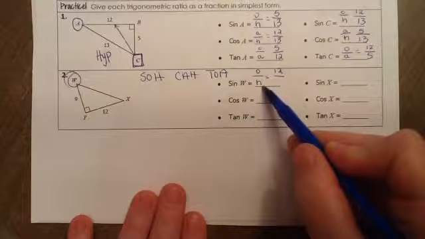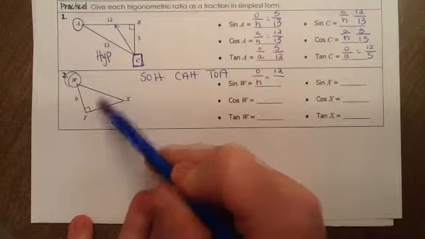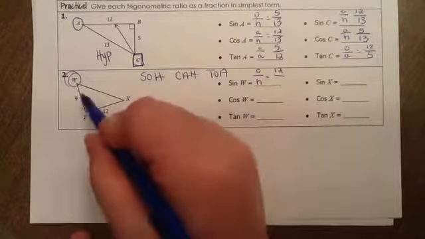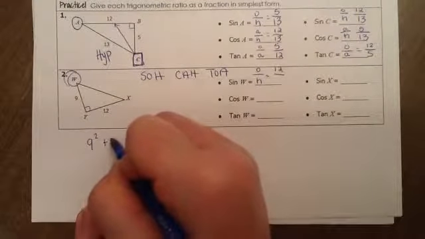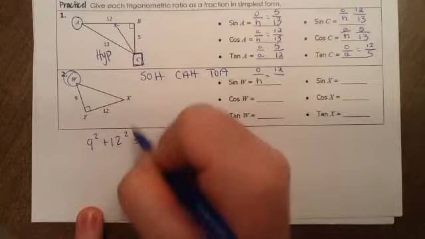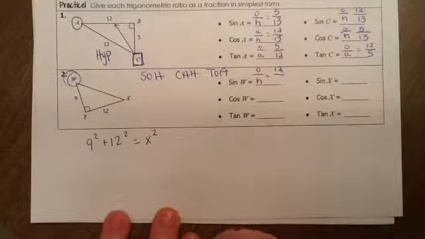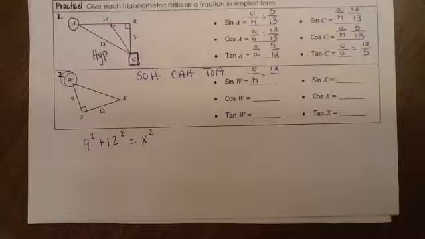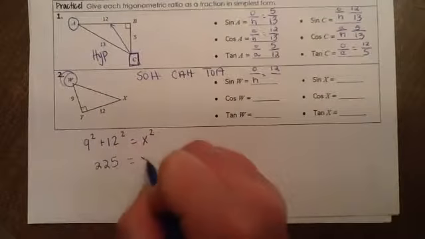And do we know the hypotenuse? No. So we need to use what to find a missing side? Pythagorean theorem. I need to figure out what this missing side is. So 9 squared plus 12 squared equals our hypotenuse squared. Go ahead and solve for x. 9 squared plus 12 squared, 225.